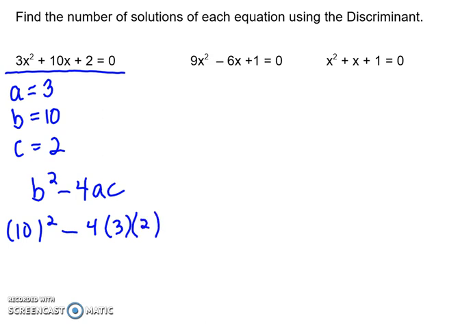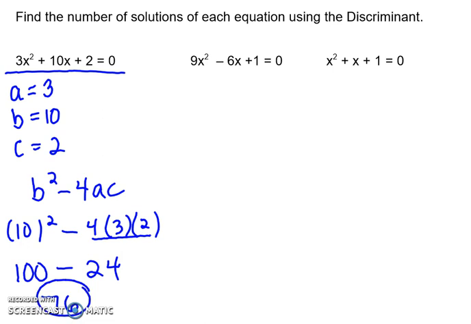So, 10 squared is 100, and then I have a negative 4 times a positive, so I know it's still going to be negative. 4 times 3 is 12, 12 times 2 is 24, and then 100 minus 24 is 76. So our discriminant is 76.